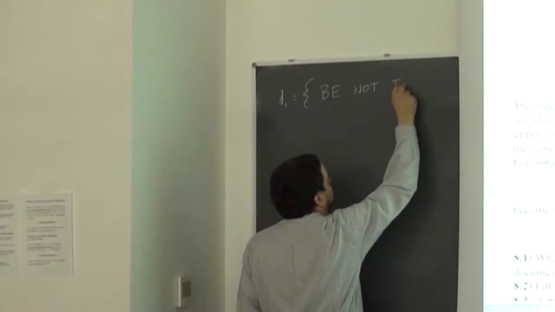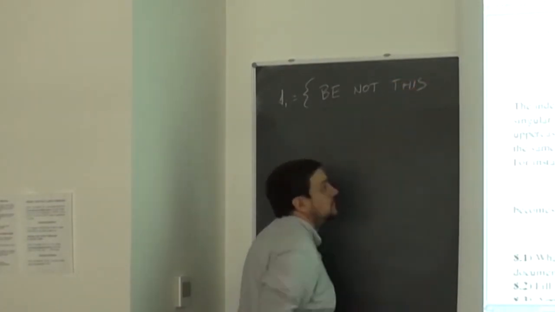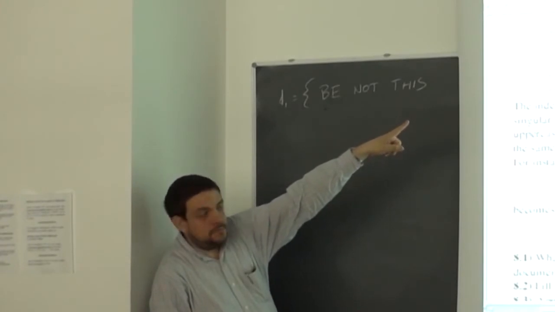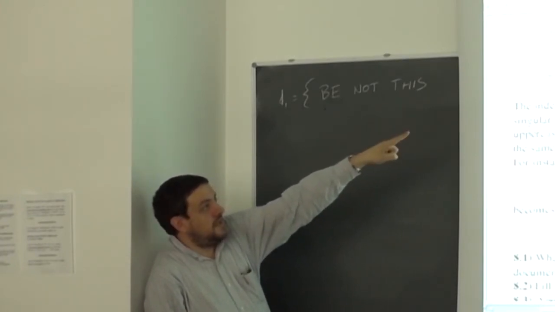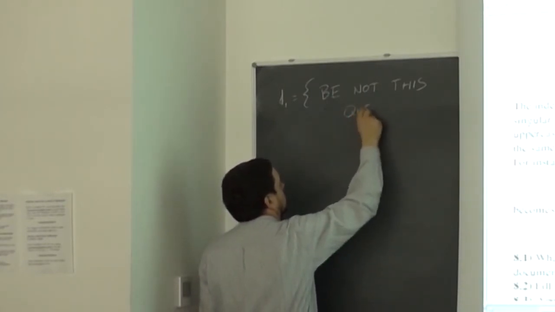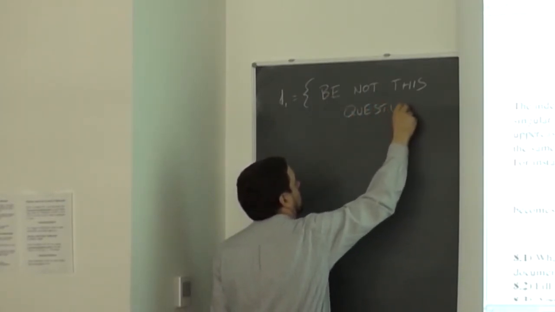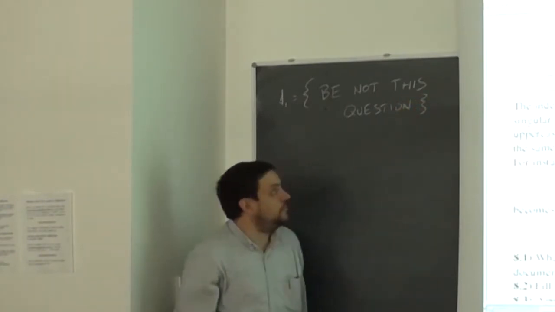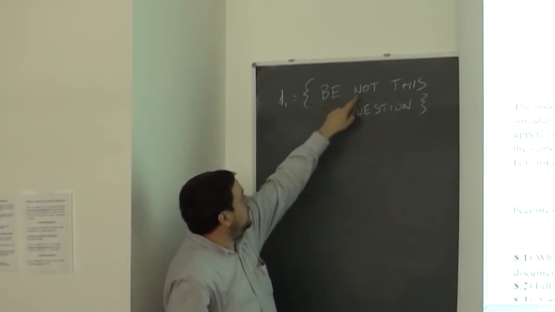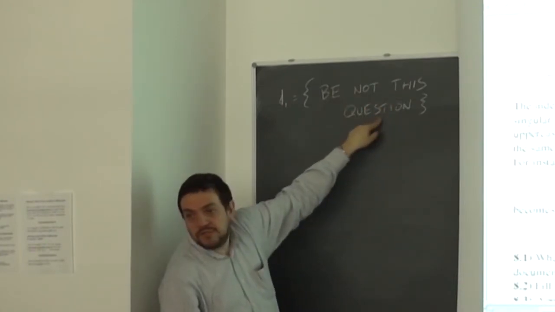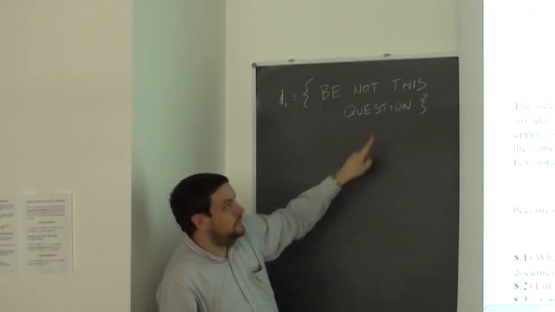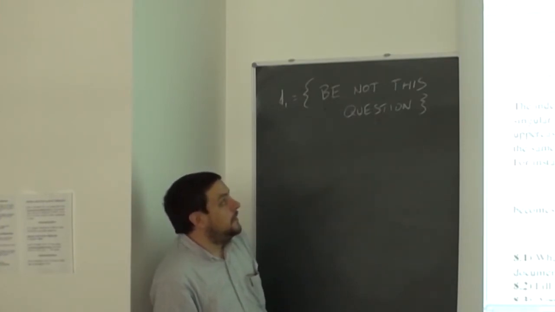Then the word this. Then again the verb to be is. An article can be discarded, and finally the word question. So document D1 is actually the set of terms be, not, this, question.